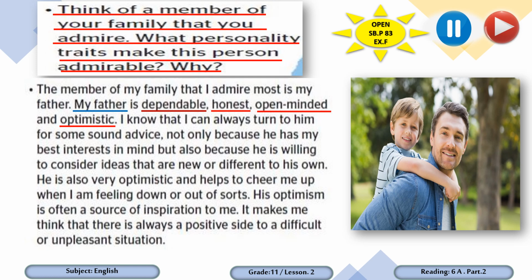He is also very optimistic and helps to cheer me up when I am feeling down or out of sorts. His optimism is often a source of inspiration to me. It makes me think that there is always a positive side to a difficult or unpleasant situation.